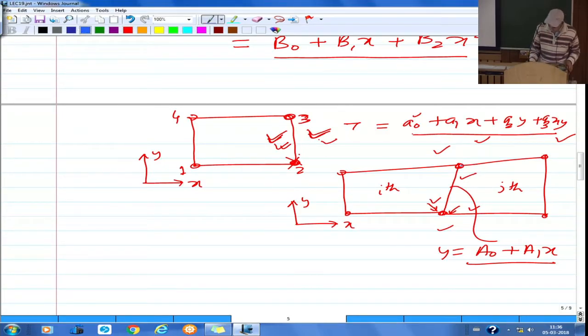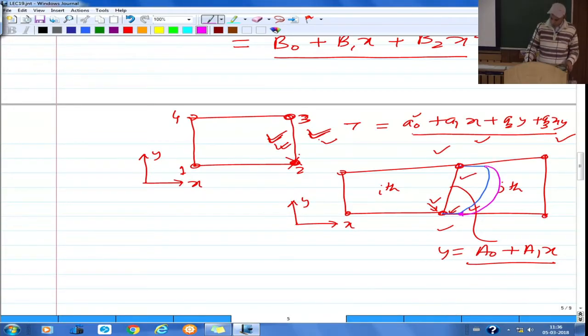So the first element, let us say the temperature variation is something quadratic, so not linear. Maybe from the first element the temperature variation is like this, and maybe from the second element the same temperature variation might turn out to be, although at this point and this point it would be the same, but in between the variation might be like this.